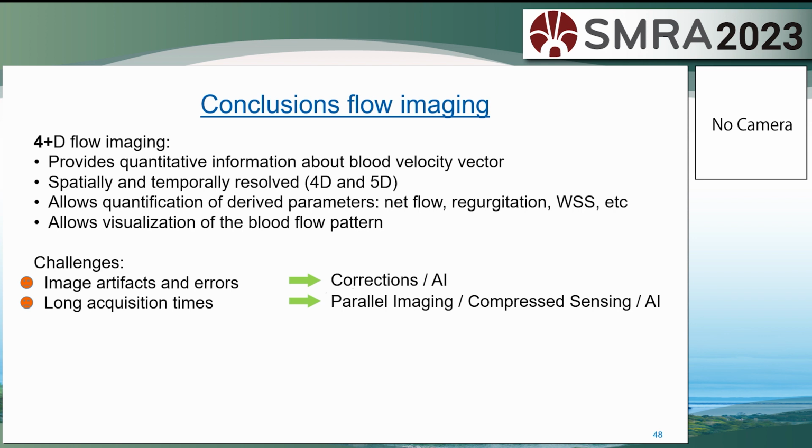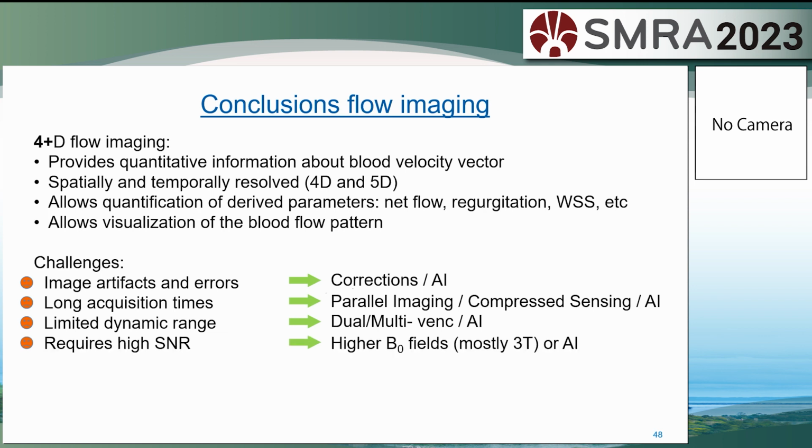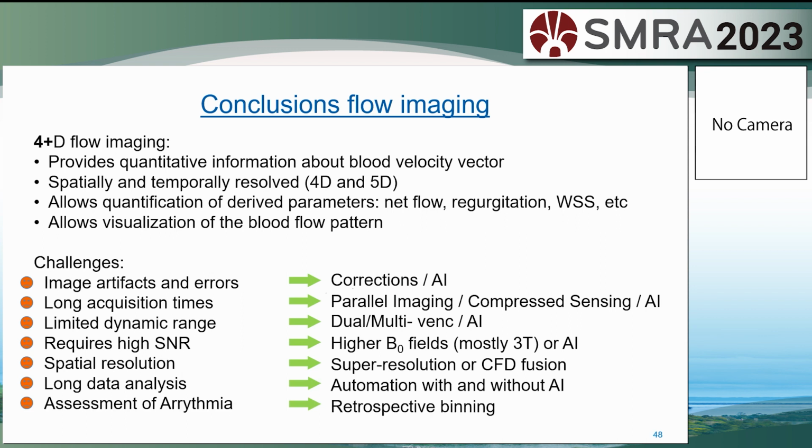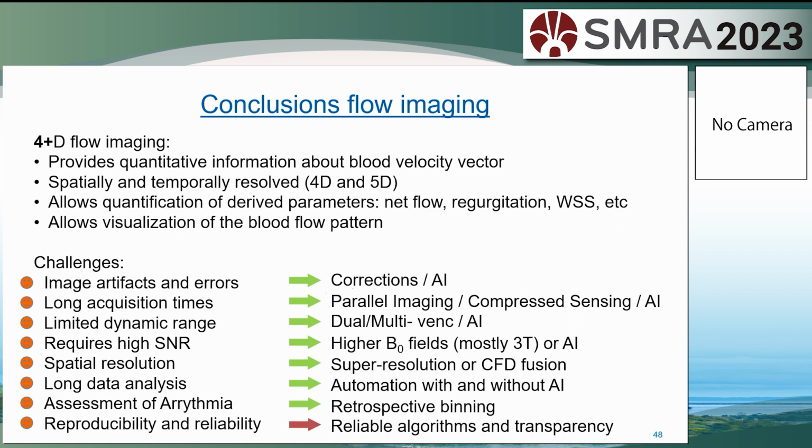I don't say that we solved all of these issues, but we have done big steps to be able to do this measurement much faster, or to increase our dynamic range, or to have higher spatial resolution or SNR. But what we have to really work on, in my opinion, is reliability and reproducibility.